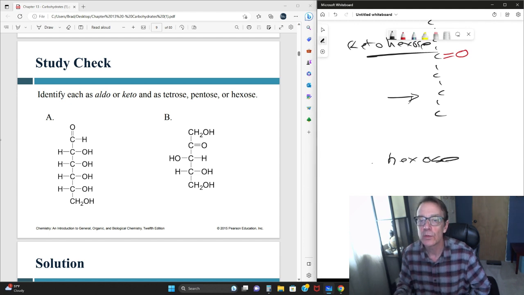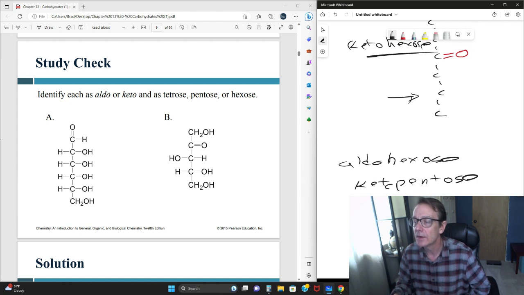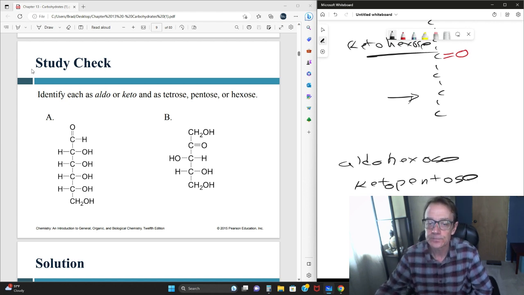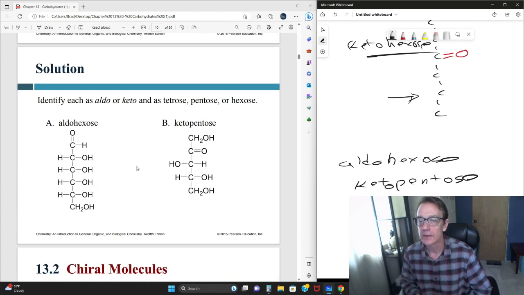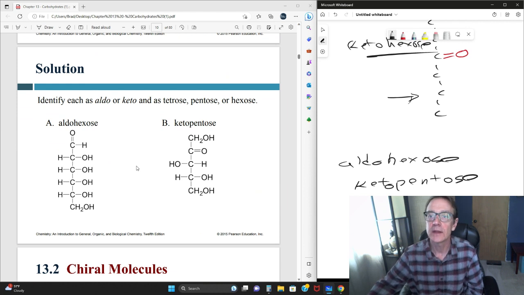And then on the end, we have an aldehyde, aldohexose. Okay. And in the second case, we have 1, 2, 3, 4, 5. There is our pentose, example B. And a ketone, that carbon double bonded to oxygen. So that is a ketopentose. Okay. Example right there.